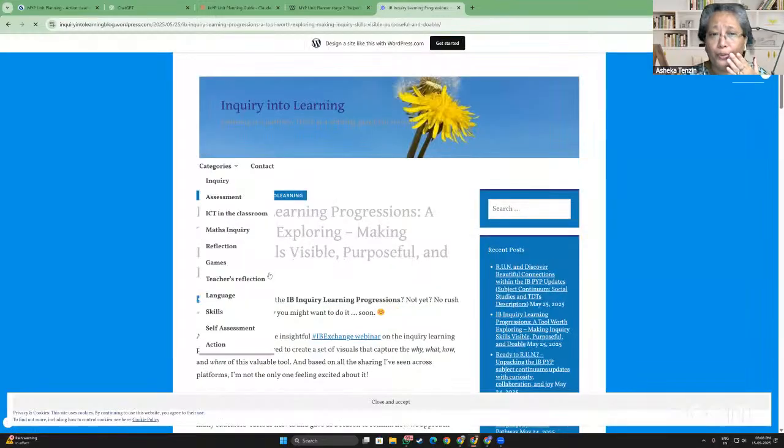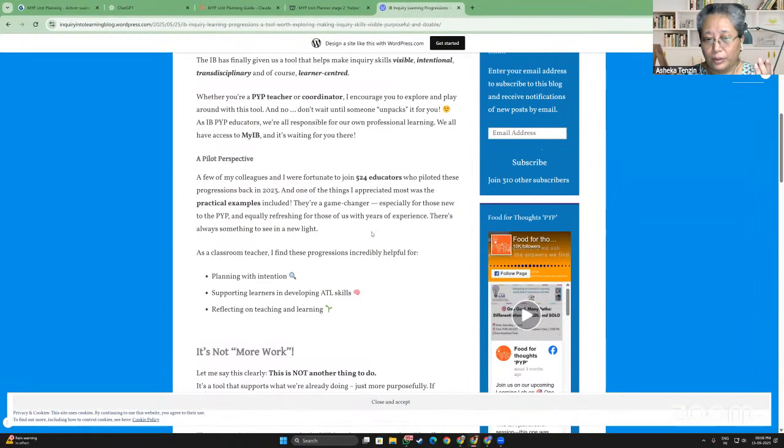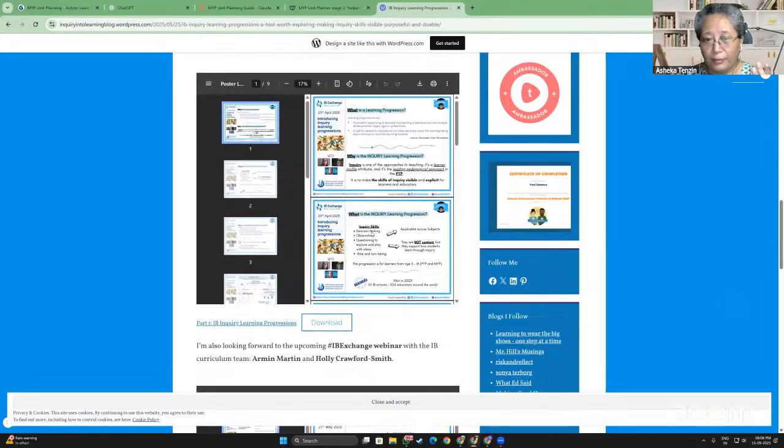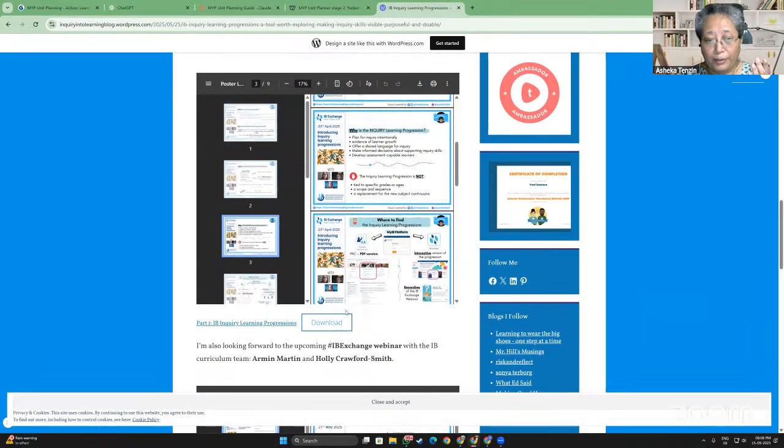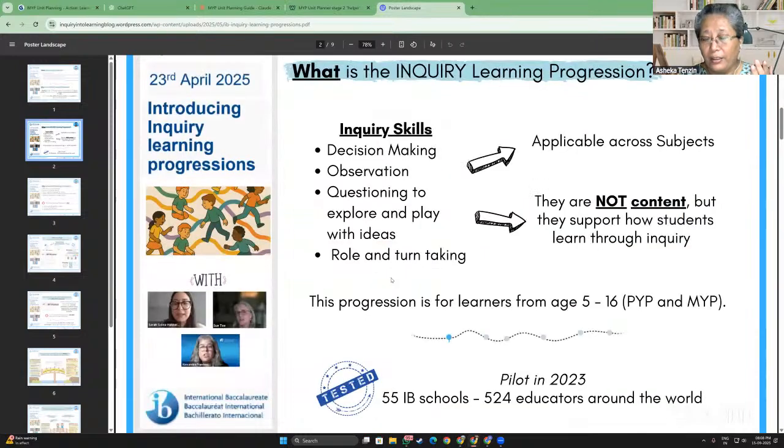So if you go to this document of the PYP, okay, PYP is inquiry based learning. And if you look at the document in the PYP, there is a document called Inquiry Learning Progression. Okay. And it emphasizes how inquiry skills progress. How do you develop inquiry learning skills?